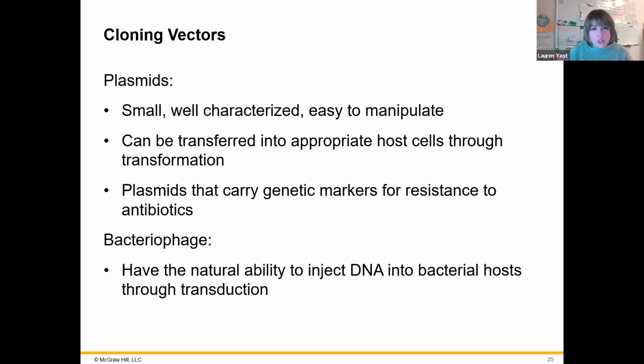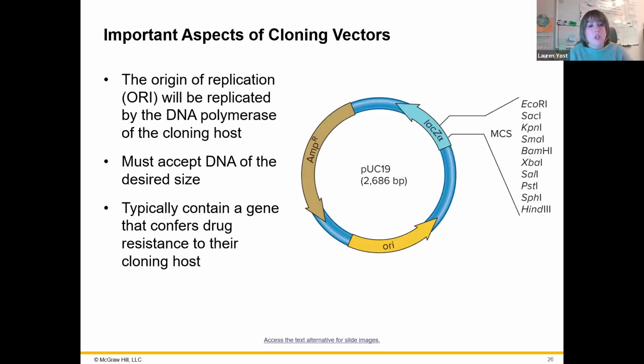And they often are engineered to have multiple restriction enzyme sites. So depending on what gene or what sequences you're dealing with, you might want to use different enzyme sites to cut the plasmid, depending on what you're working with. You can also use bacteriophages in order to insert genes through that lysogeny process that we learned about in chapter 7.